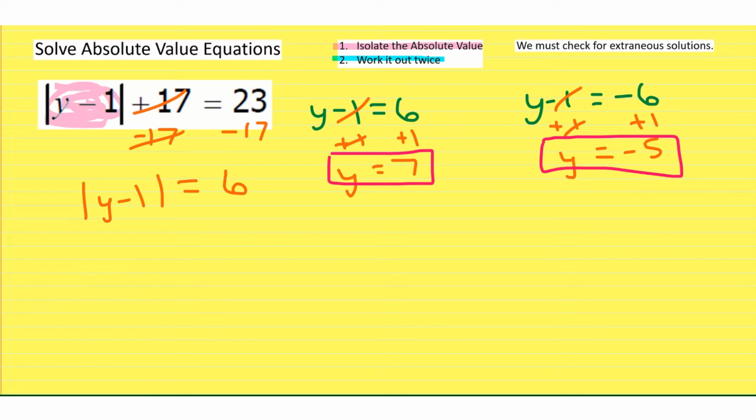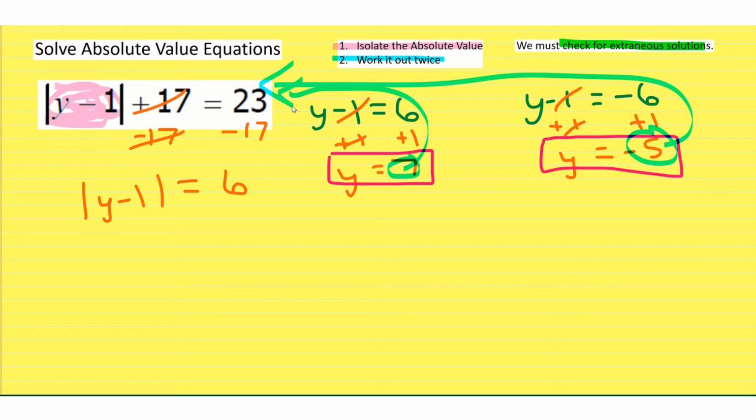But I'm going to have to check for extraneous solutions. That means I'm going to take this 7 and plug it into the original equation. I'm also going to take this negative 5 and plug that into the original equation. If they work out, then I'll know which ones are good answers.